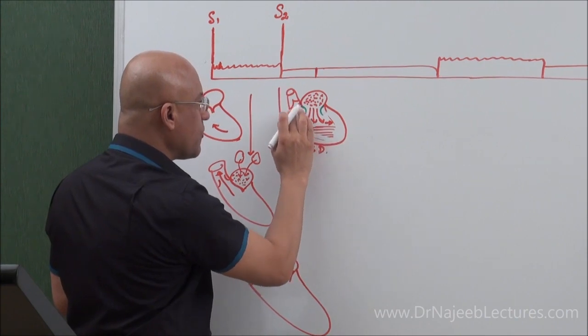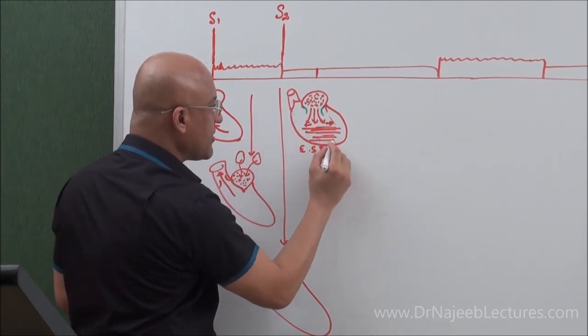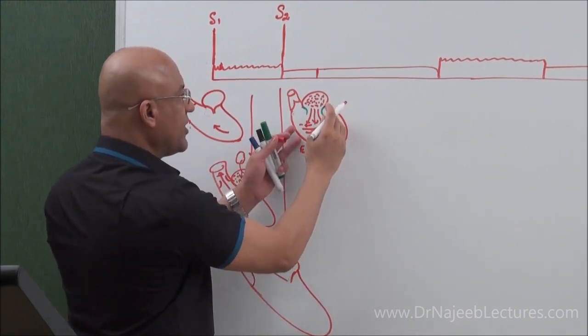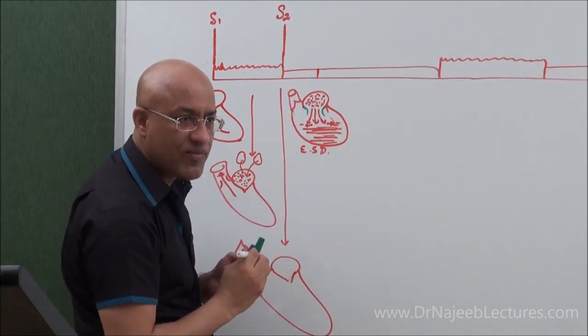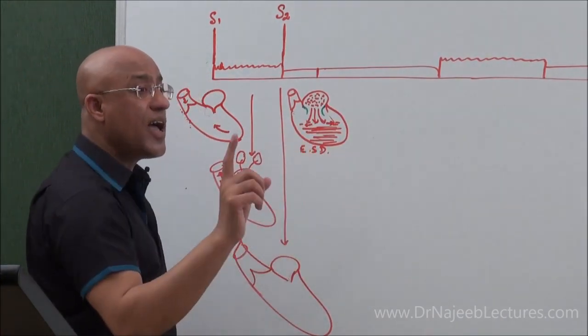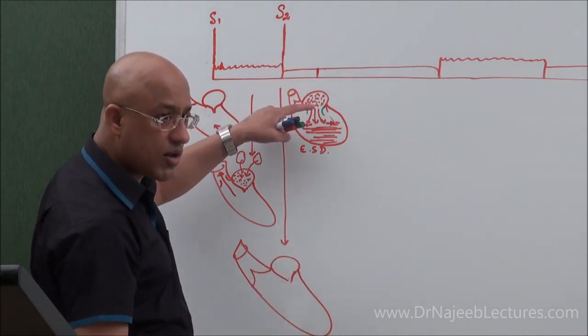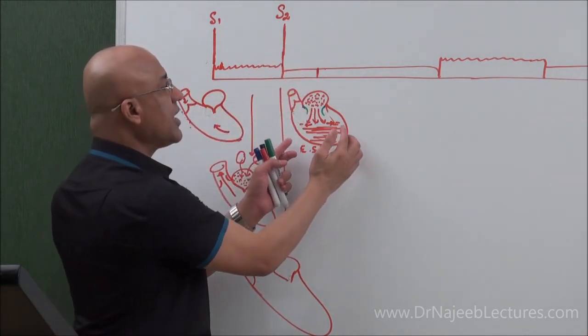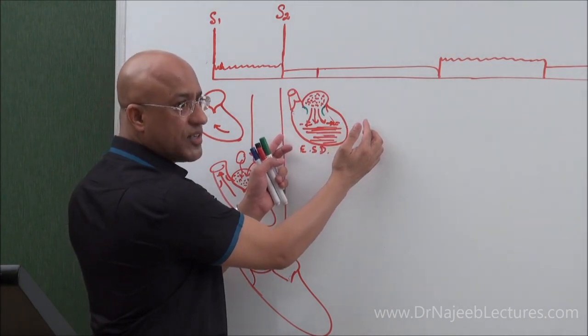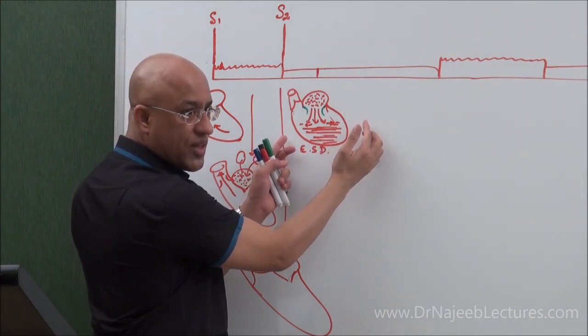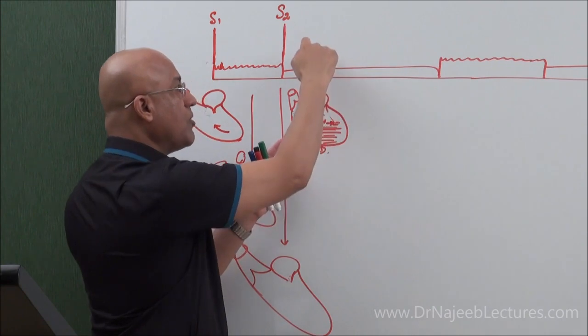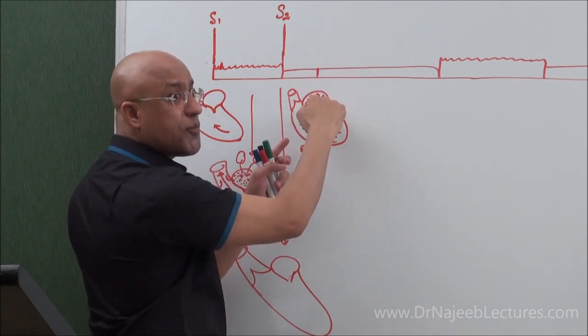During the rapid inflow phase, as more and more blood rapidly comes in, the ventricle undergoes distension, right? By the end of rapid inflow, the ventricle has reached its elastic limit to stretch, so it cannot stretch with further rapid inflow.